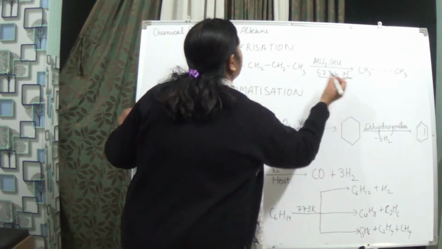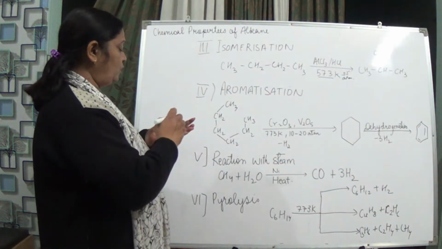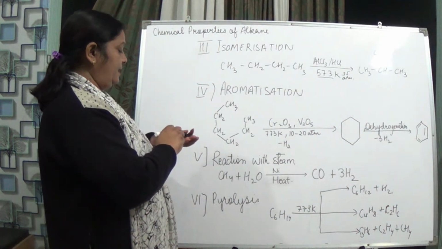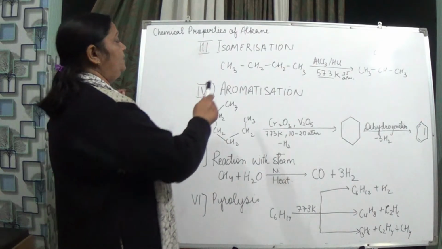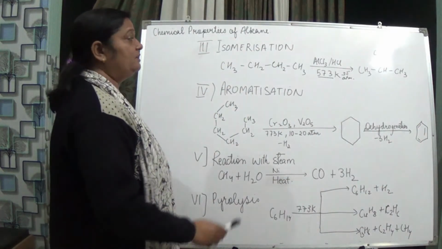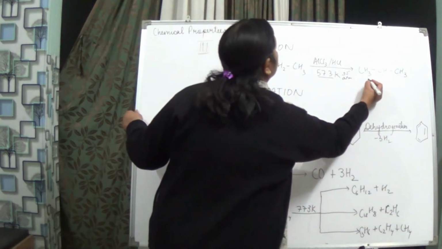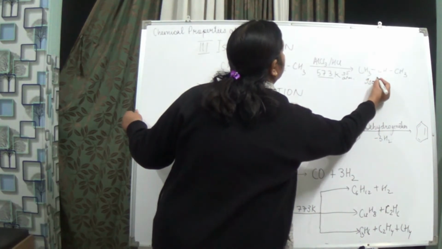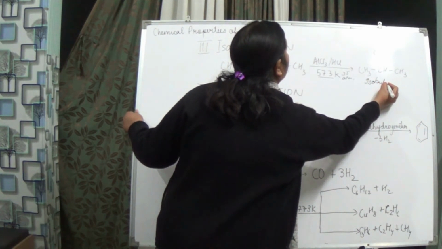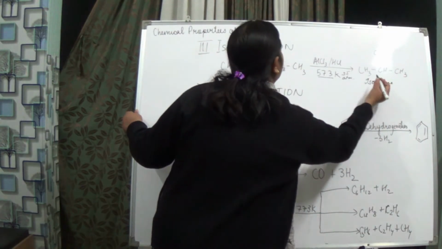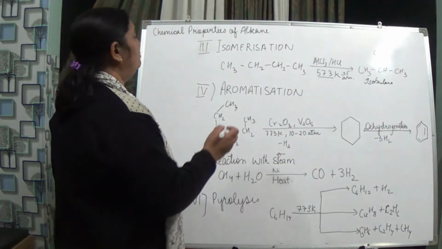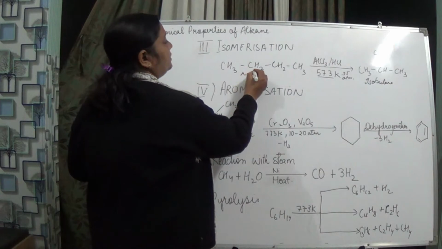So what happens? We see that this normal butane has been converted into isobutane, or we can say normal butane isomerized to isobutane.